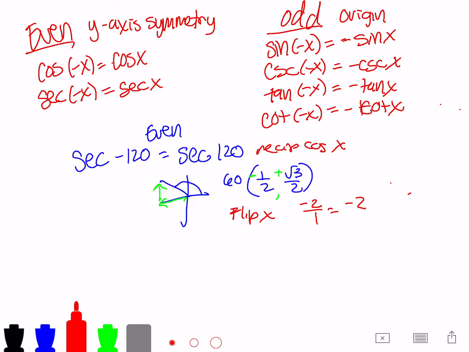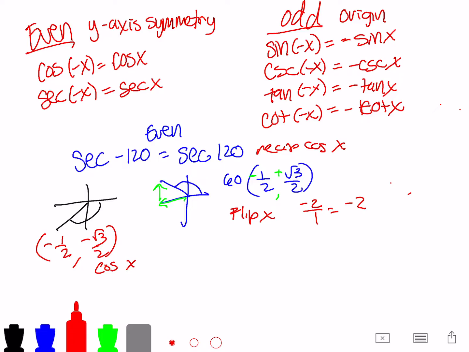Now, to show you that this is true, if we had done the secant of negative 120, again, that's a reference angle of 60 degrees. We get negative 1/2 and then negative root 3 over 2. The secant's the reciprocal of cosine.